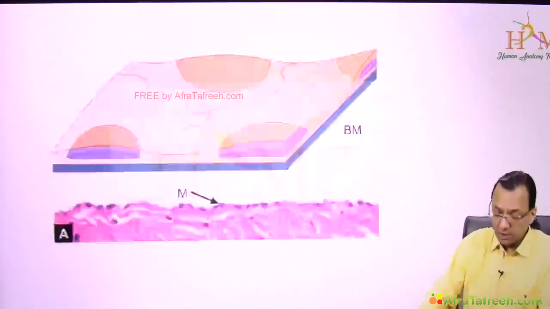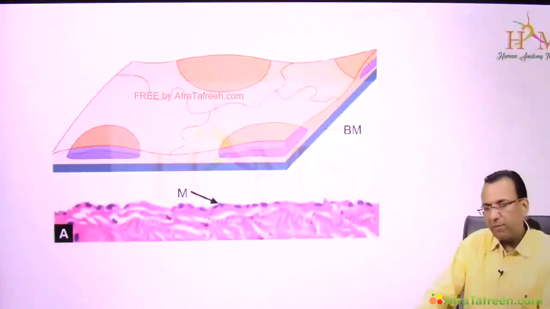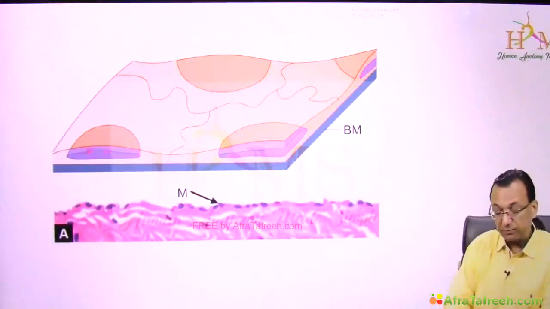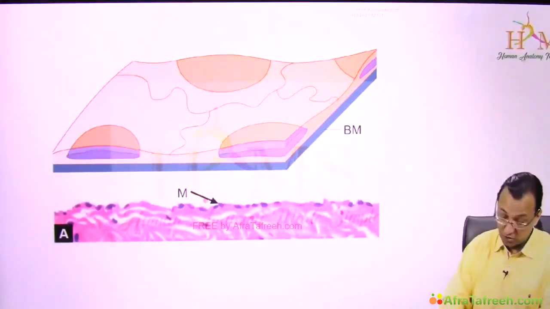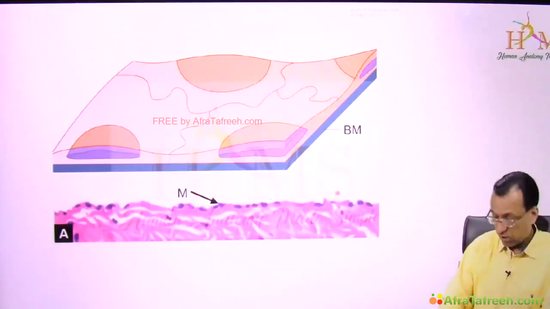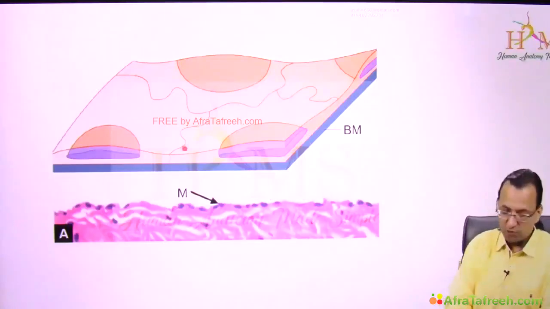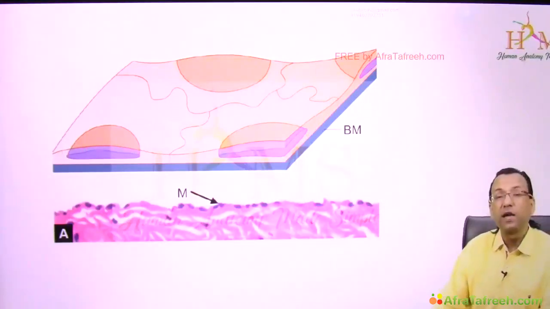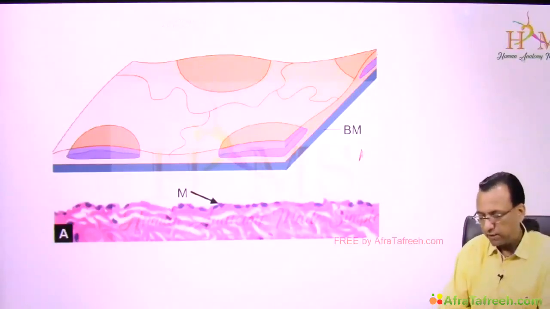Now, simple squamous epithelium is a flat cell with flat nucleus, but not necessarily. It could be globular also. Where did you see that? Resting thyroid follicle. Where else did you see that? Mesothelium. What is mesothelium?